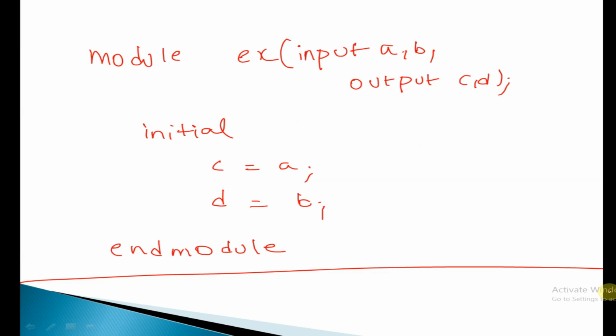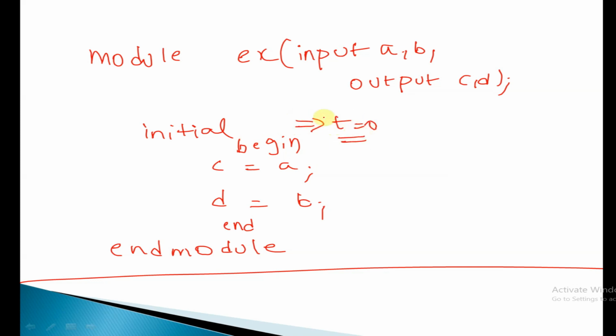Okay, is it clear for everyone? Now if we write this initial begin end block, the behavior is like this: it will start at time t is equal to 0.